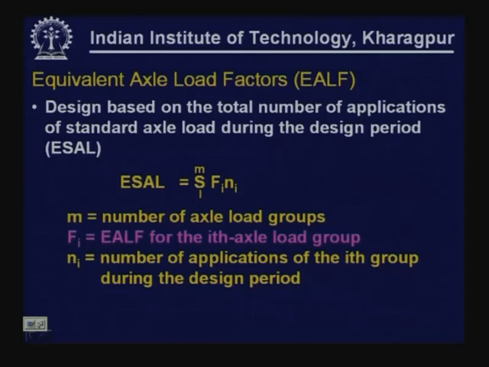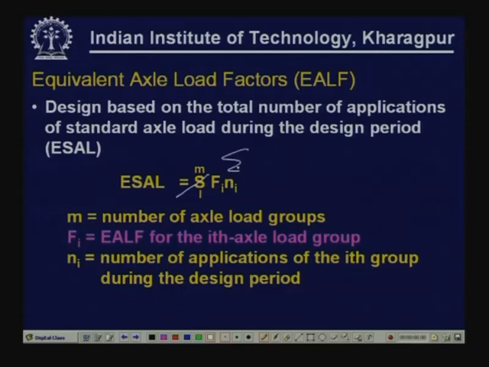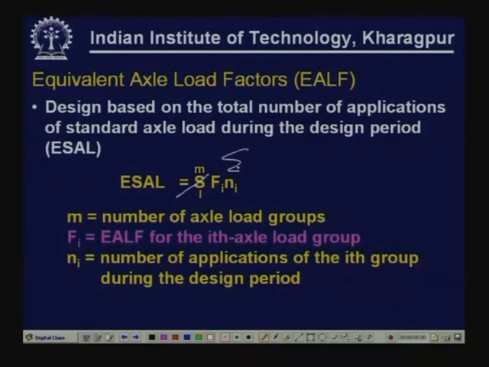The design is based on the total number of applications of standard axle load during the design period, which can be obtained as this summation term, the sum of F and N. If you consider there are m categories of axle loads, different groups, and the corresponding factor representative of that group and number of repetitions of different groups, we can work out, let us say group 1, there are 1000 repetitions, the equivalent number is F. So the total number of equivalent axle loads is the summation of F N, where m is the number of axle load groups, Fi is the equivalent axle load factor for the ith axle load group, and Ni is the number of applications of the ith group during the design period.